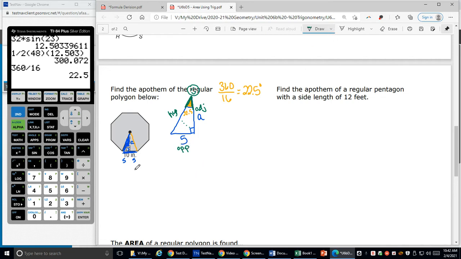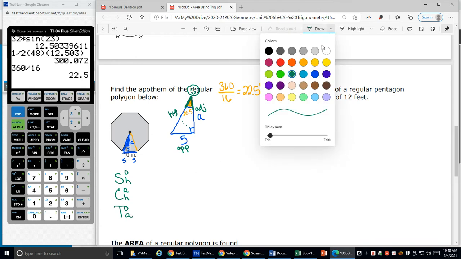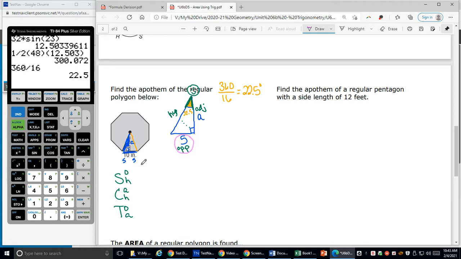Okay, so now let's look at SOHCAHTOA, so that we can figure out which trig function we want to use. I know my opposite is 5, and my adjacent is what I'm looking for. So I'm going to use, for the first time today, tangent. Tangent of the angle, 22.5, equals opposite over adjacent.